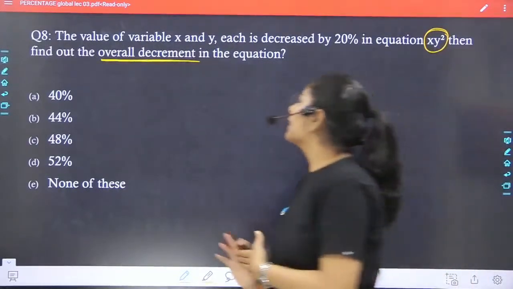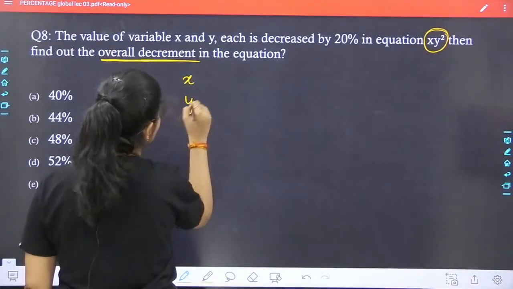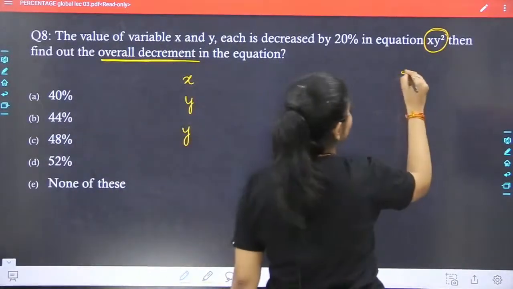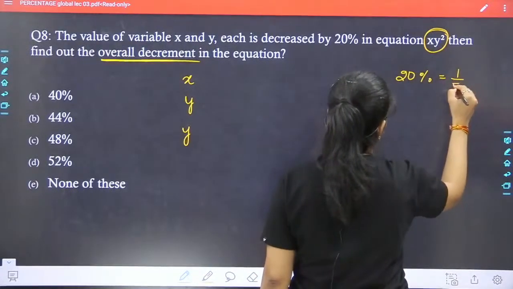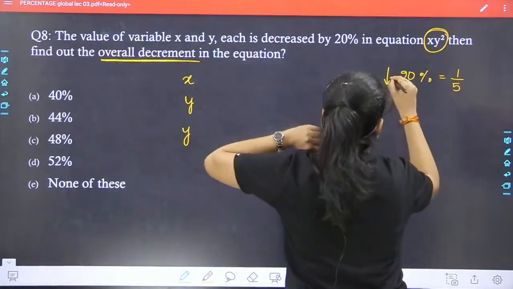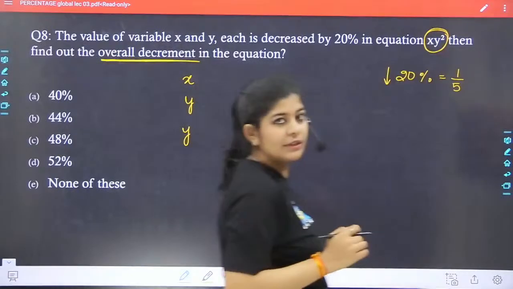Okay, here we have x, y, y, right? And we can write 20% as 1 by 5. And each variable is decreased by 20%. If the initial value is 5, it will become 4 after the decrement.